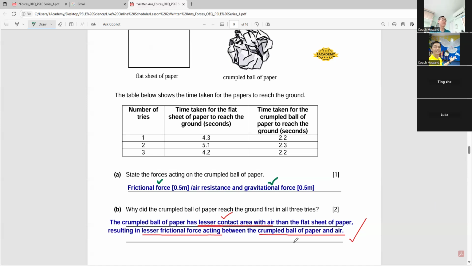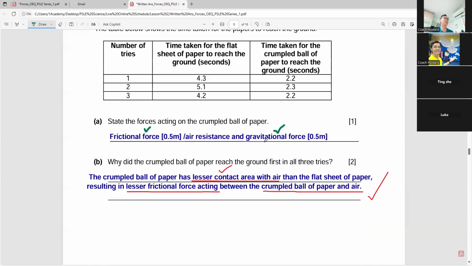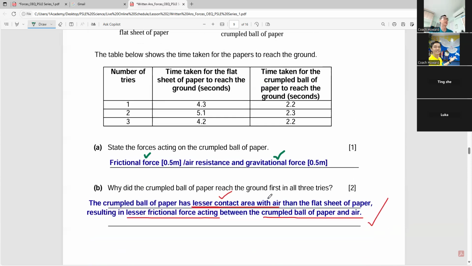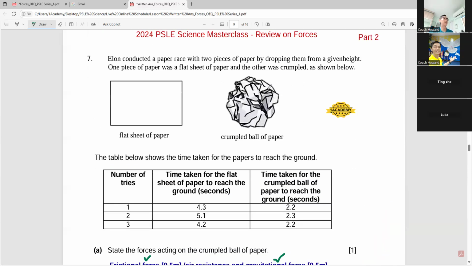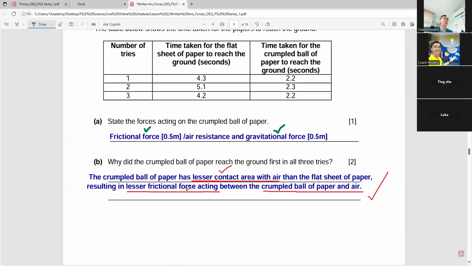Why did the crumpled ball reach the ground first in all the 3 tries? For the specific scientific explanation, you must mention that number 1, the crumpled ball, or paper, has lesser contact area or lesser surface area in contact with the air than the flat sheet of paper.